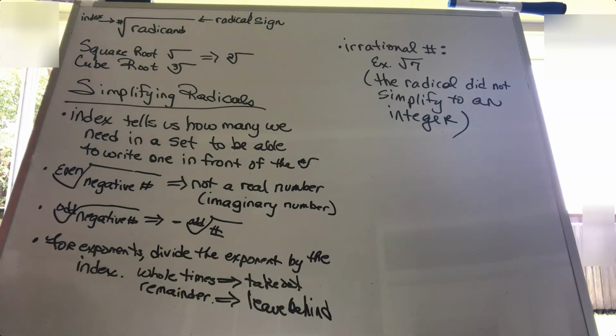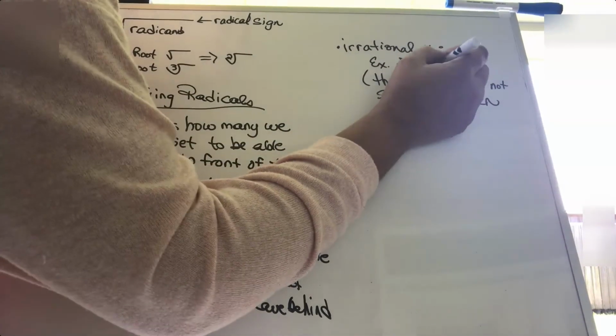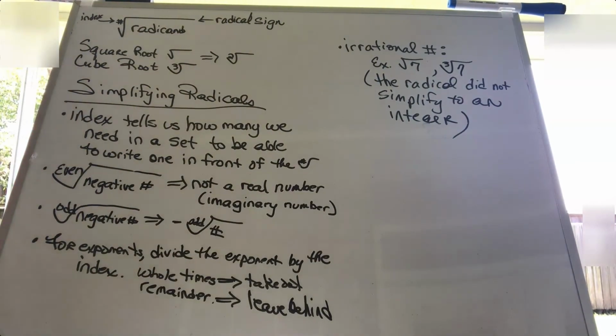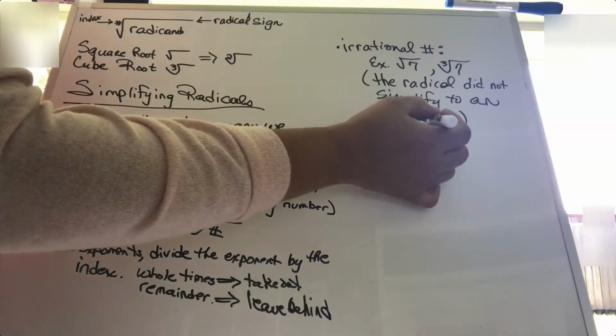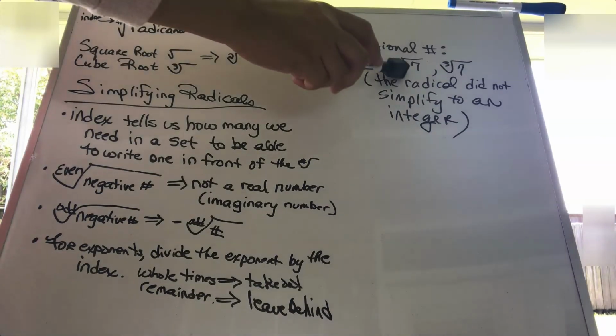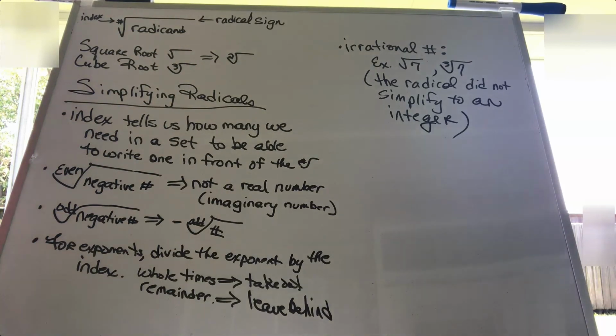Because I have the cube root of 7, it's not going to clean up either. So as long as it's giving us something like a 2, a -2, a 3, a -3, those are okay. It's just when we can't clean those up to something else. Okay? And that is our first look at our radicals.